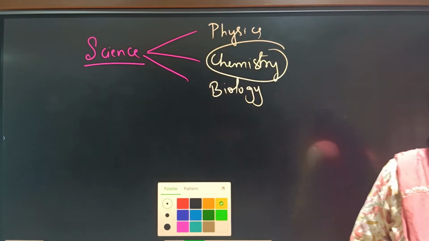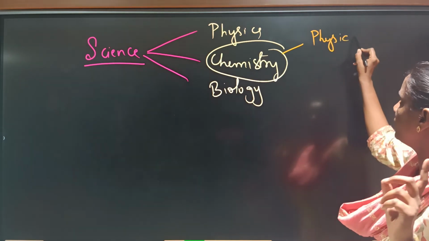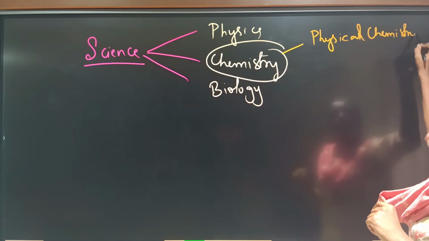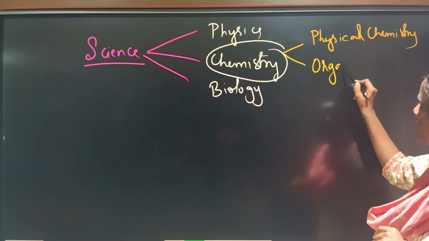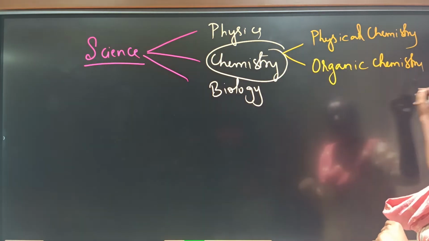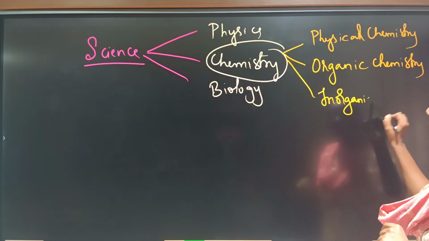Chemistry has three types. One is physical chemistry, not the physics here, physical chemistry. Then organic chemistry, and then inorganic chemistry.